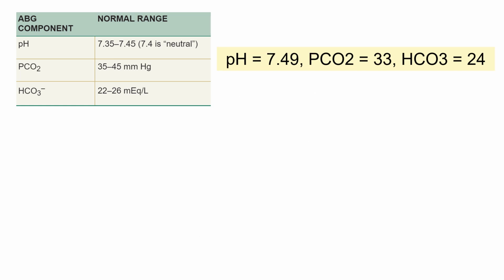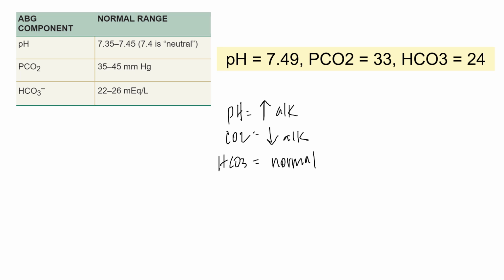Next example, pH equals 7.49, that is increased, we are alkaline. Carbon dioxide is 33, that is decreased, we are also alkaline there. Our bicarb is 24. That is normal.